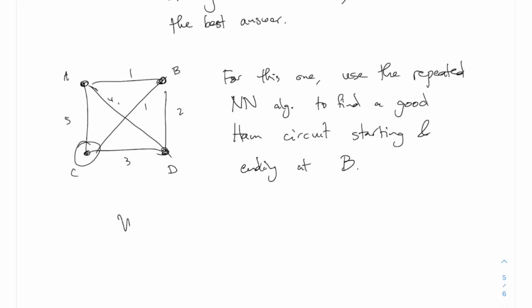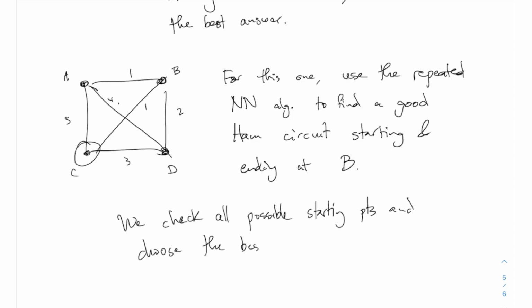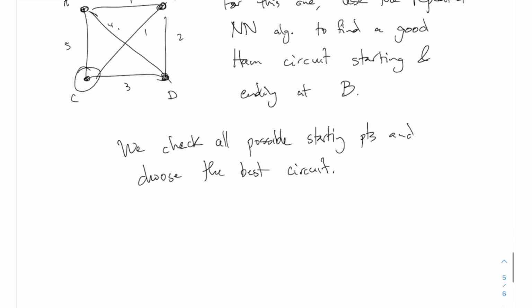So we check all possible starting points and choose the best circuit. And in this example, we already did the work. In this example, the best circuit is this one, right?